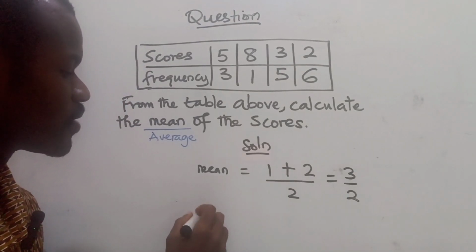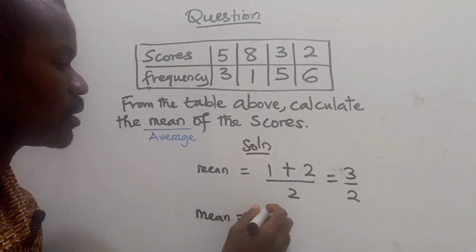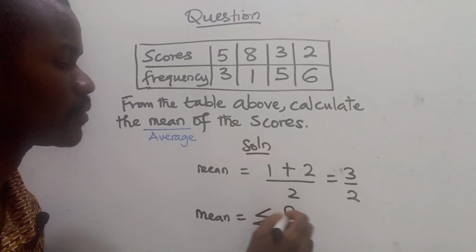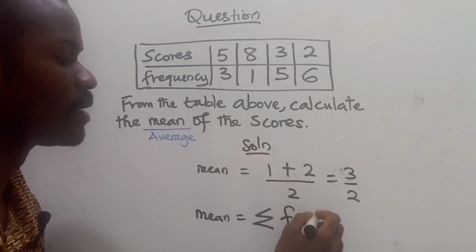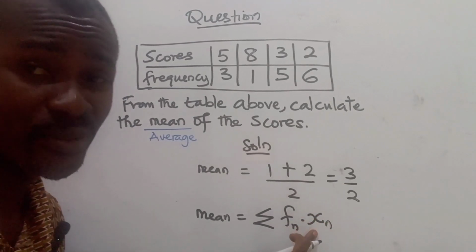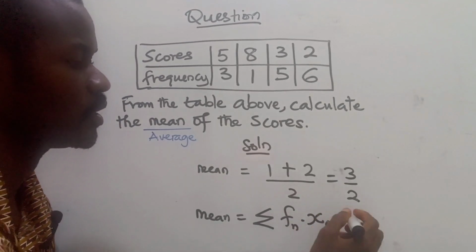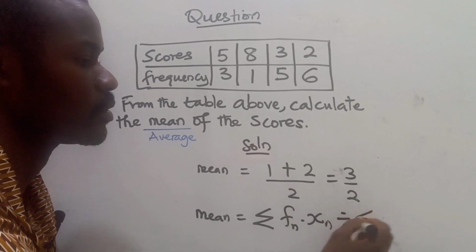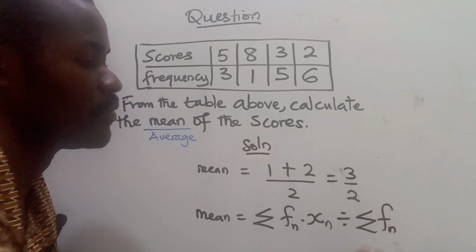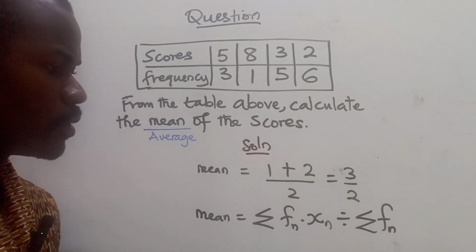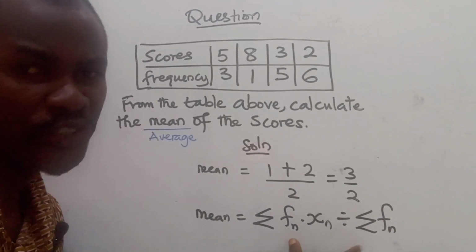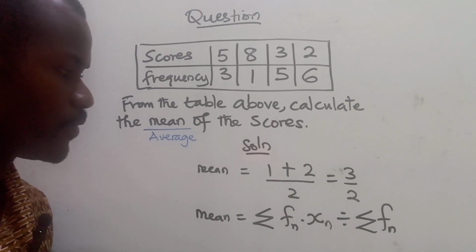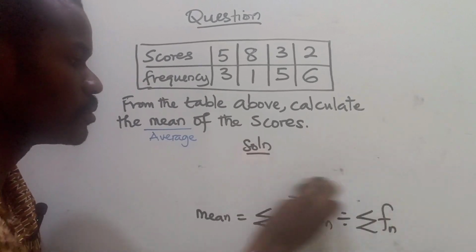But we can as well write mean as the summation of the frequency multiplied by the given variables, all divided by the summation of the frequency. So this is another expression to use and solve for mean.